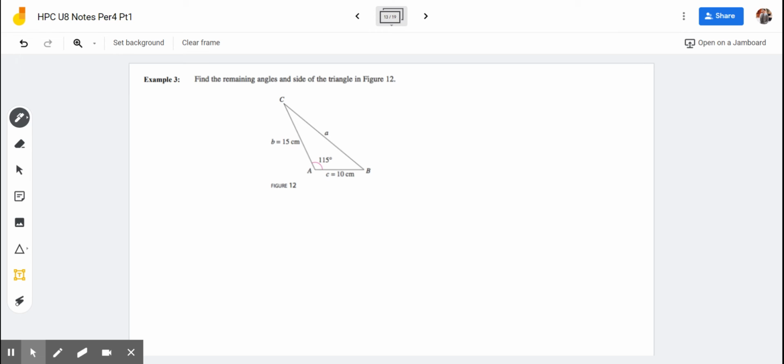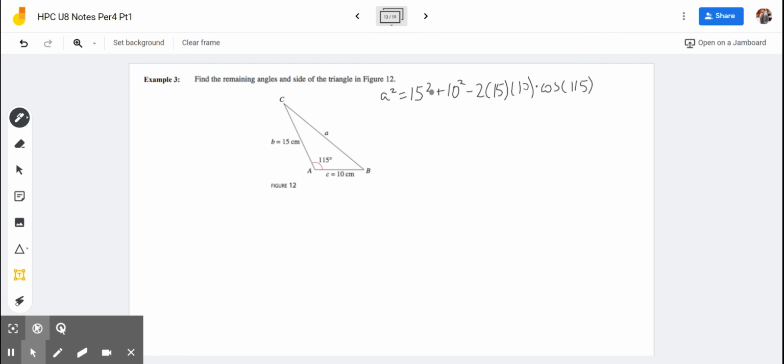Okay. So it should look like this. A squared equals the two sides here and the included angle. So we'll have 15 squared plus 10 squared minus 2 times 15 times 10 times cosine of the included angle. All right.